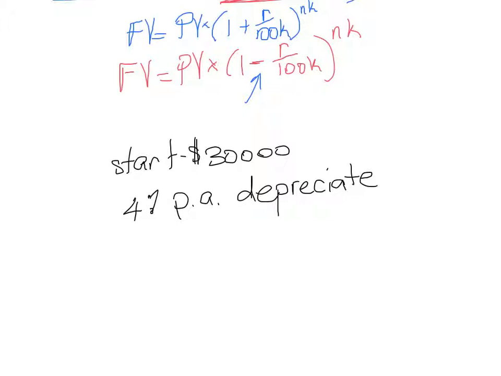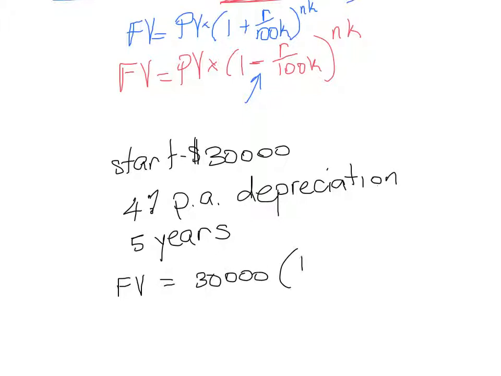And this is happening for 5 years. How much is the car worth at the end? So we're still trying to find the future value. And our present value is still the starting amount, which in this case is 30,000. 1, but this time it's minus 4 over 100.